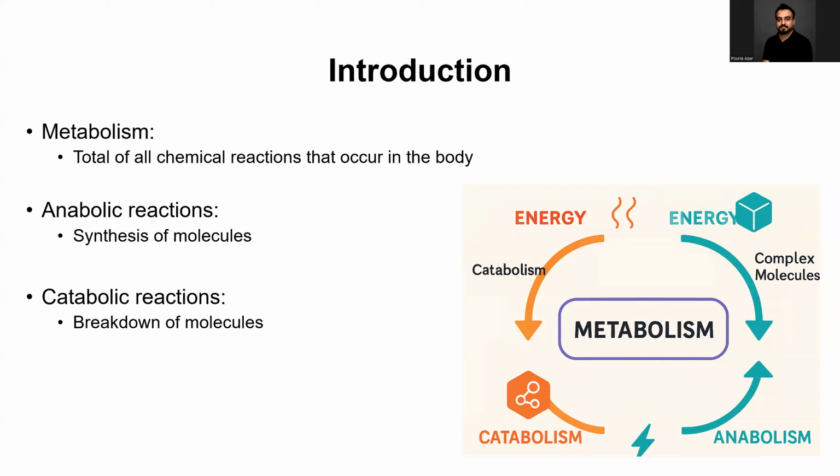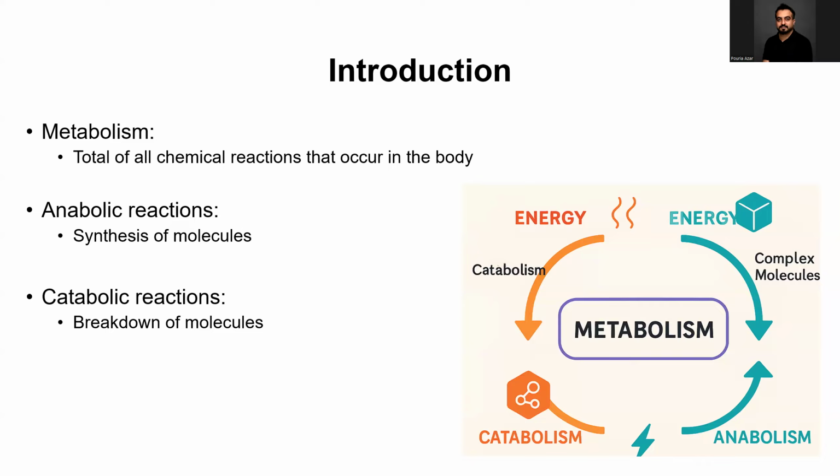On the other hand, we have catabolic reactions or catabolism, which is the breakdown of big and large molecules into small molecules. So, for instance, if I want to build glycogen, I have to add a couple of glucose molecules together, maybe hundreds of glucose molecules, and synthesize a glycogen.